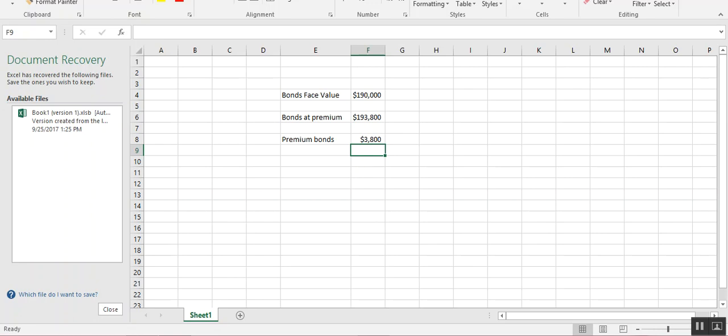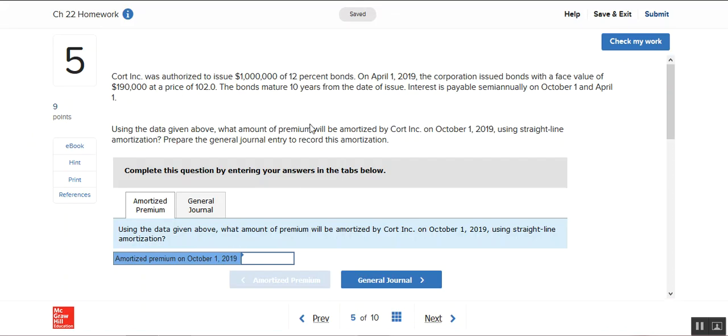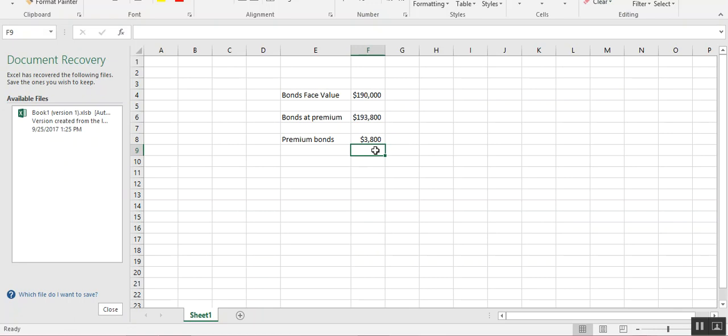Now we're going to amortize that, so let's go back over here to our instructions. They're 10-year bonds, and we're looking at one amortization, which is half a year, 6 months. So to figure this out, we've got a premium on bonds payable. So the amortization per year would be the $3,800 divided by 10 years, because they're 10-year bonds.